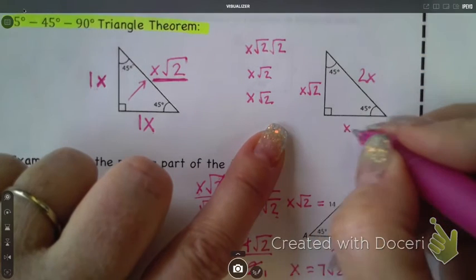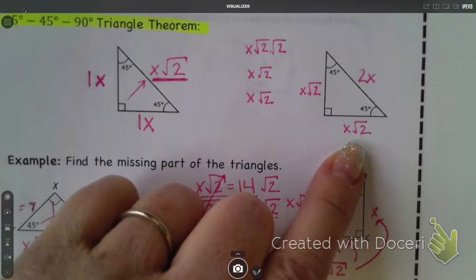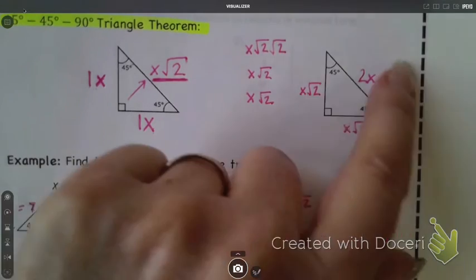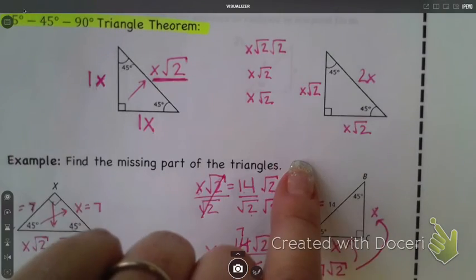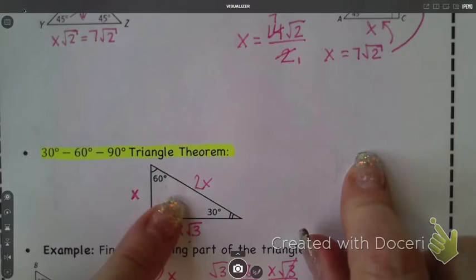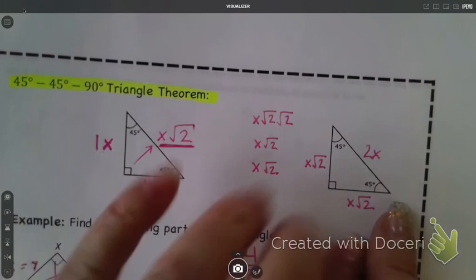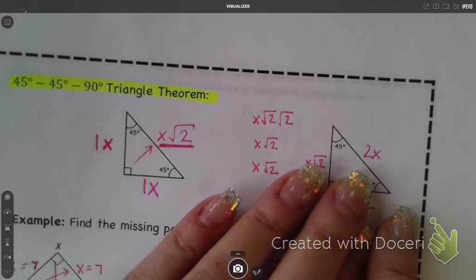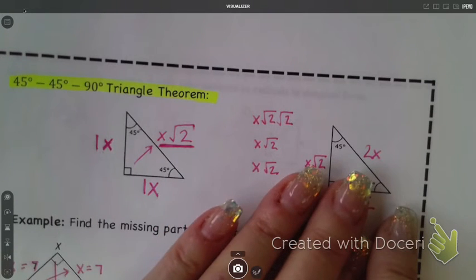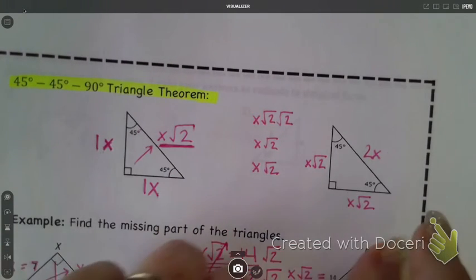Now, if you look on the board, is this the ratio that I have on the board for 45, 45, 90? Yes, it is. In trig, this is the only ratio I use, because it keeps my hypotenuse and my 90 what? 2. I don't care. You don't have to use this one at all. I just wanted to show you it was available. In any book that you see, it will only have this. Sometimes they just throw out this.